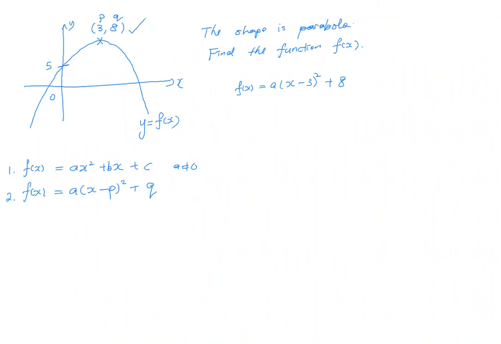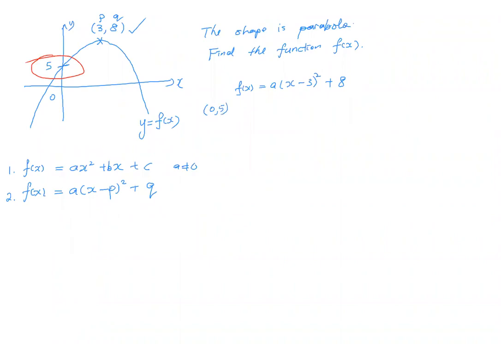There's one more information that we haven't used, correct? The 5. Okay, so how to put it? The 5 is the x or the y coordinate? Y coordinate. So what is the x coordinate for that point? 0. So I'm supposed to put 0, 5.